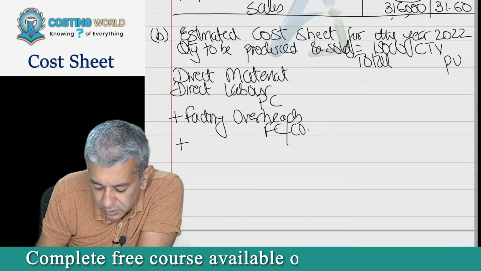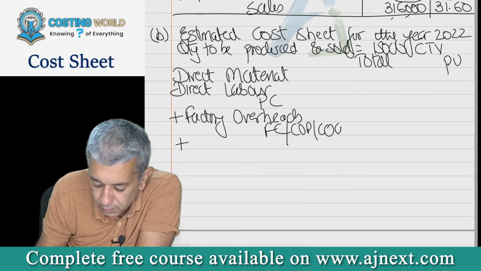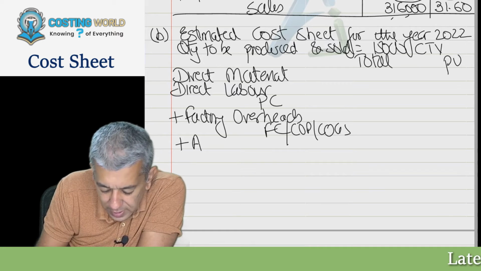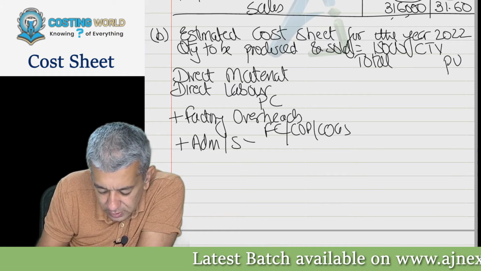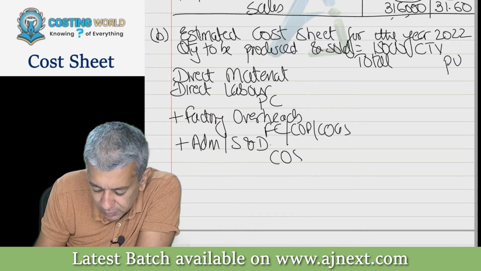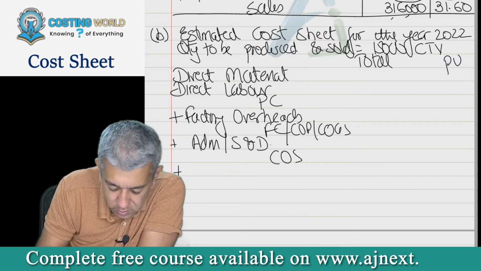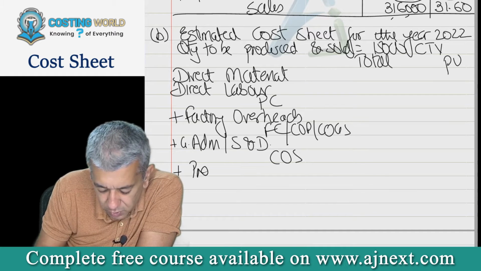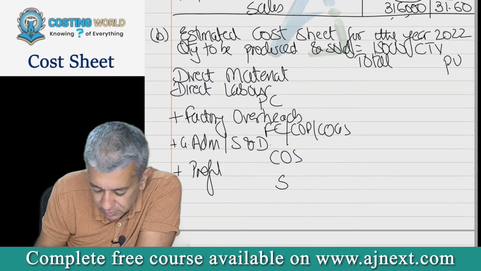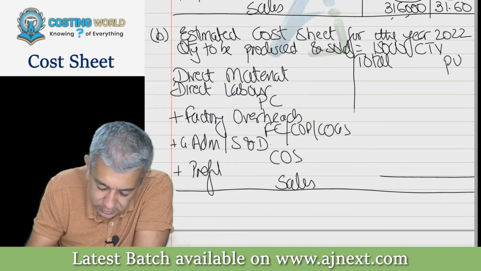This will be your COP, this will be your COGS also. Add administration and selling and distribution, or general administration, you can be slightly more clear. Add profit, get sales.